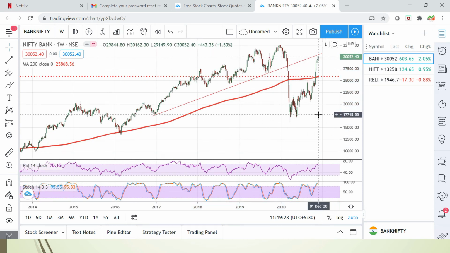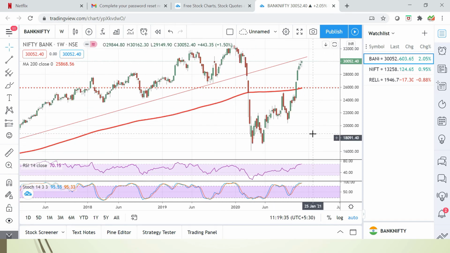In fact, Bank Nifty has not made a new high. You can see this is the last high, and it is still yet to reach that level. So Bank Nifty actually underperformed after the corona crash and in this uptrend, and now it is trying to catch up. Right now you can see it's in a very good trend.